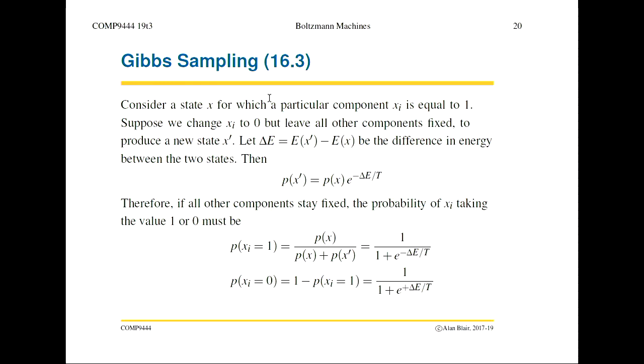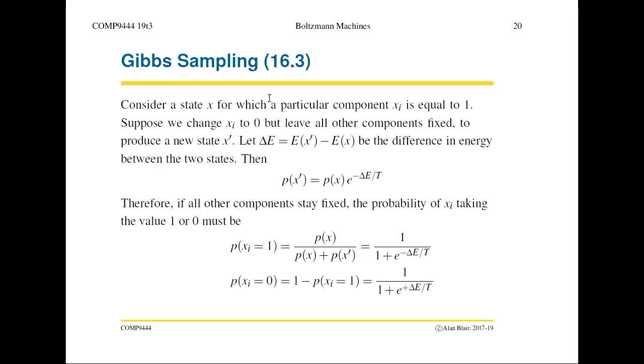Now, let's say the energy of the original state is E of x, and if you change from 1 to 0, the new energy will become E of x prime. It's hard to compute the overall probability, but really all we need to know is how much the probability is going to change with this flip.